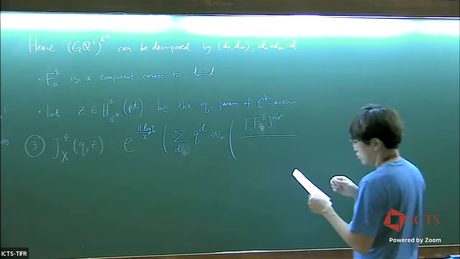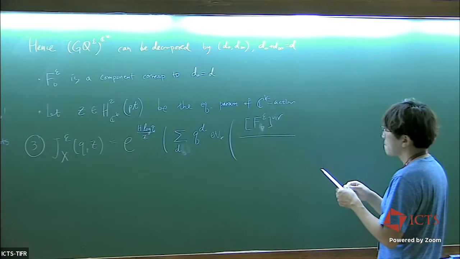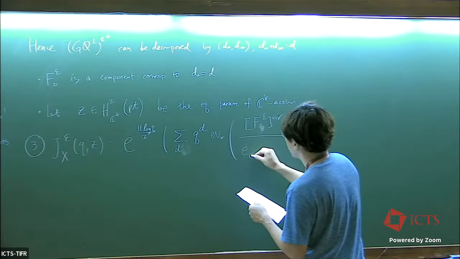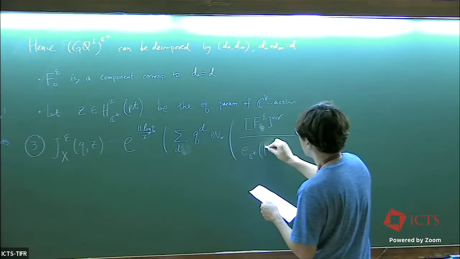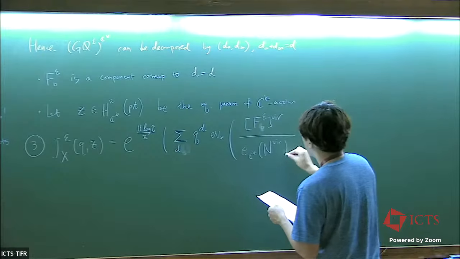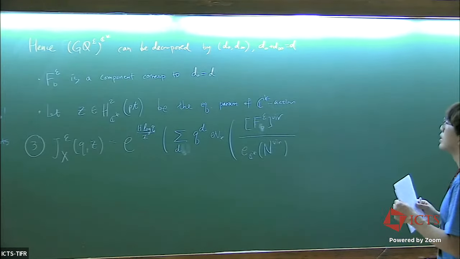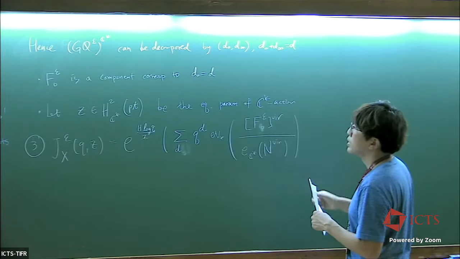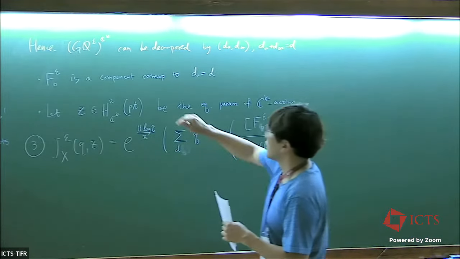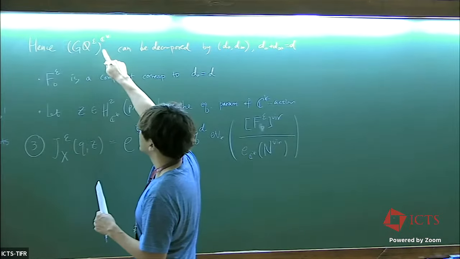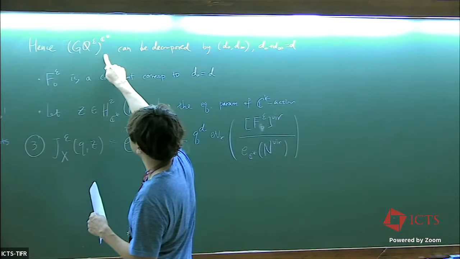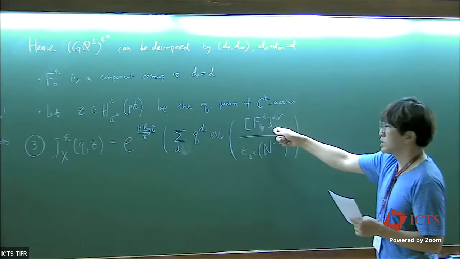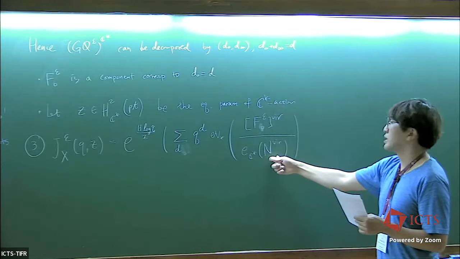And here we need the C star equivariant Euler class of the virtual normal bundle. If we restrict the perfect obstruction theory to the fixed locus, the fixed part gives the obstruction theory of this, and the moving part gives the normal bundle.